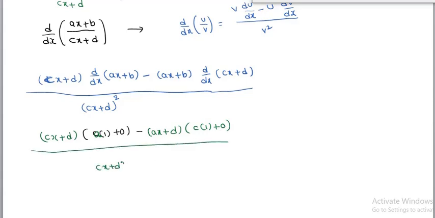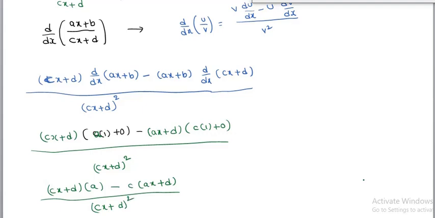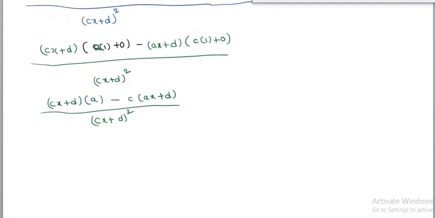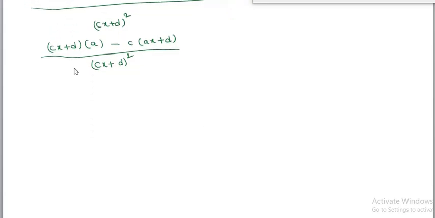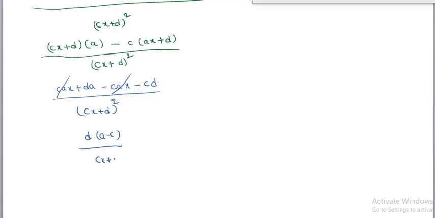Over (cx plus d) whole square. (cx plus d) into a into 1 plus 0 is a, c into 1 is c, into (ax plus b), by (cx plus d) whole square. That is c a x plus d a minus c a x minus c b by (cx plus d) whole square. c a x minus c a x cancel. What is the common? d. So (ad minus bc) by (cx plus d) whole square.